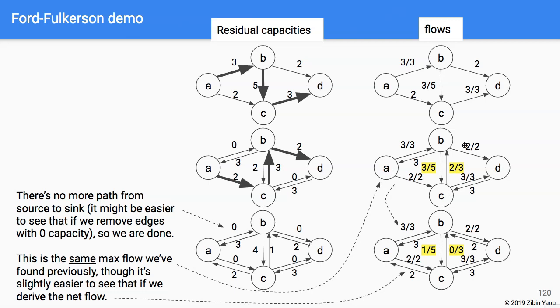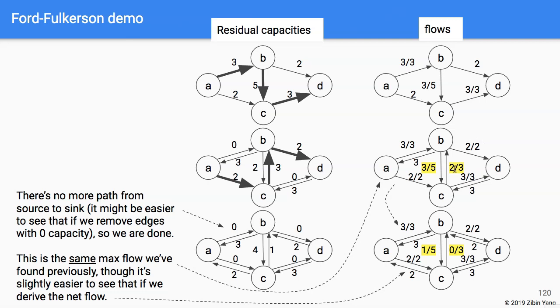Now, if you look at this, it's very similar to what we had before. The flow going out from A is 3 plus 2, and going into the sink is 2 plus 3, and so the max flow is 5.